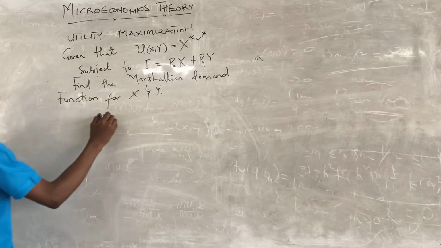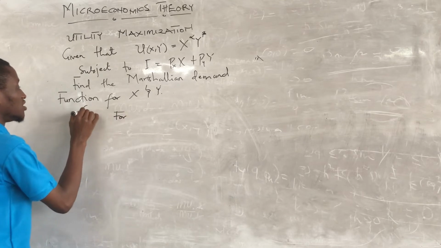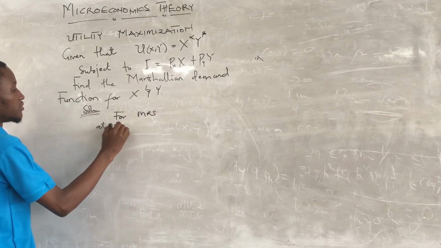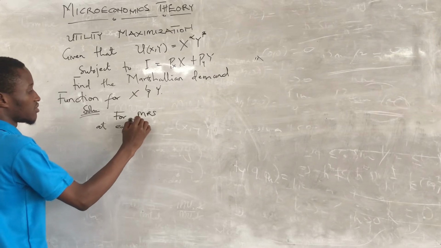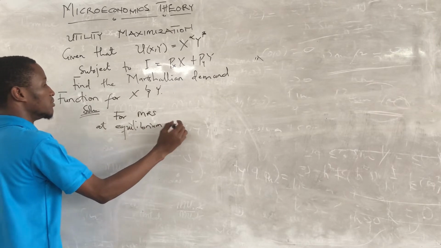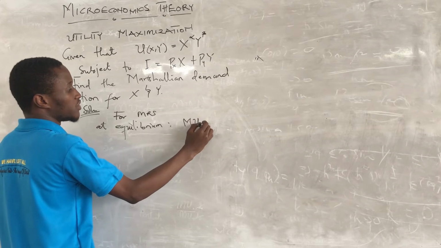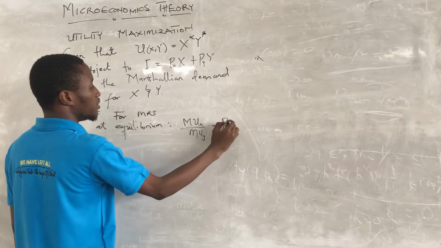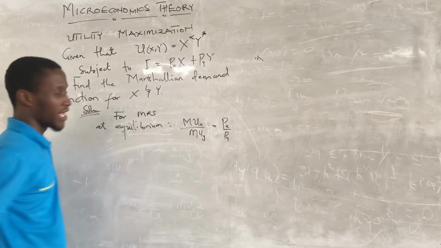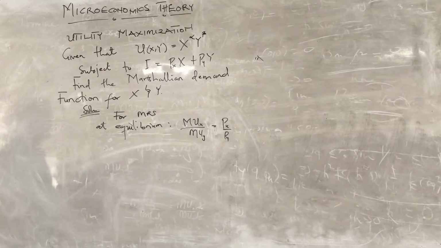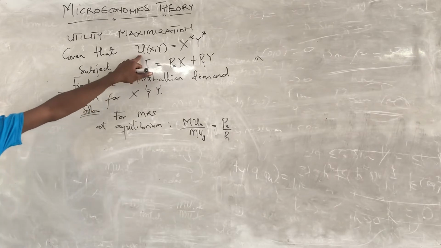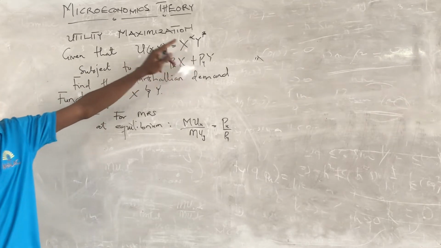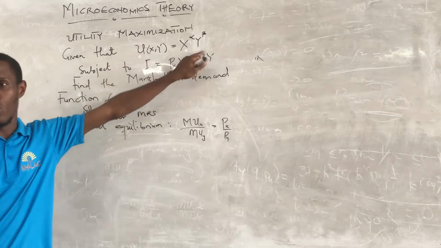So we know for MRS at equilibrium, your MUx over MUy is equal to px over py. So we have to find MU, so we differentiate U with respect to x, and we differentiate U with respect to y.